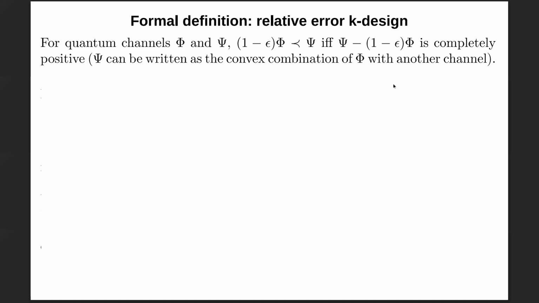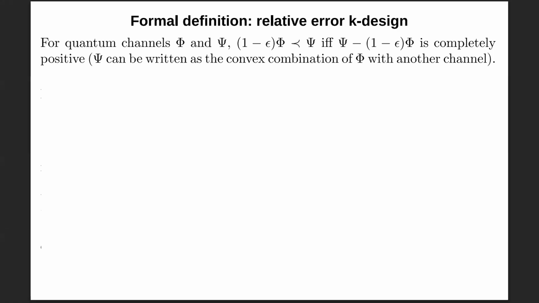As a more formal definition, I actually want to recall the notion of the completely positive order or Löwner order on channels. And what this in mathematical terms says is that for quantum channels phi and psi, if (1 minus epsilon) phi precedes or is less than psi, that's equivalent to saying that psi minus (1 minus epsilon) phi is completely positive.